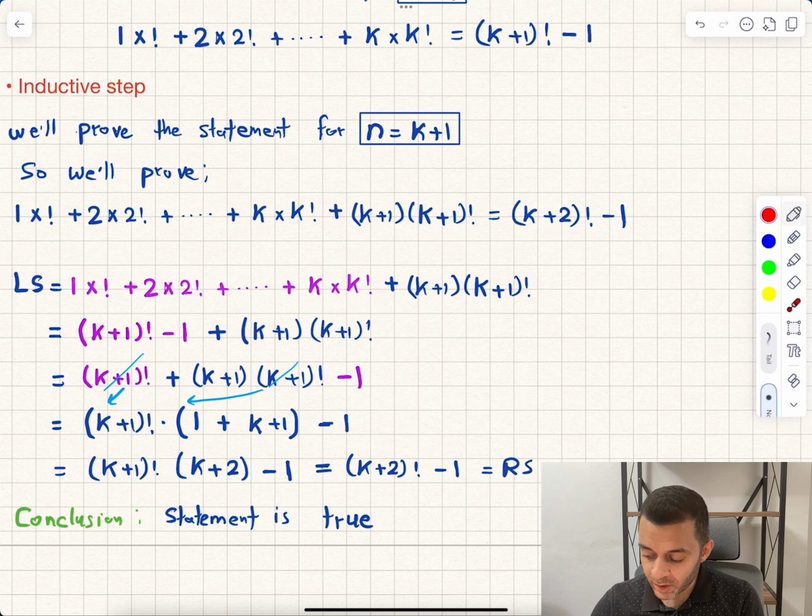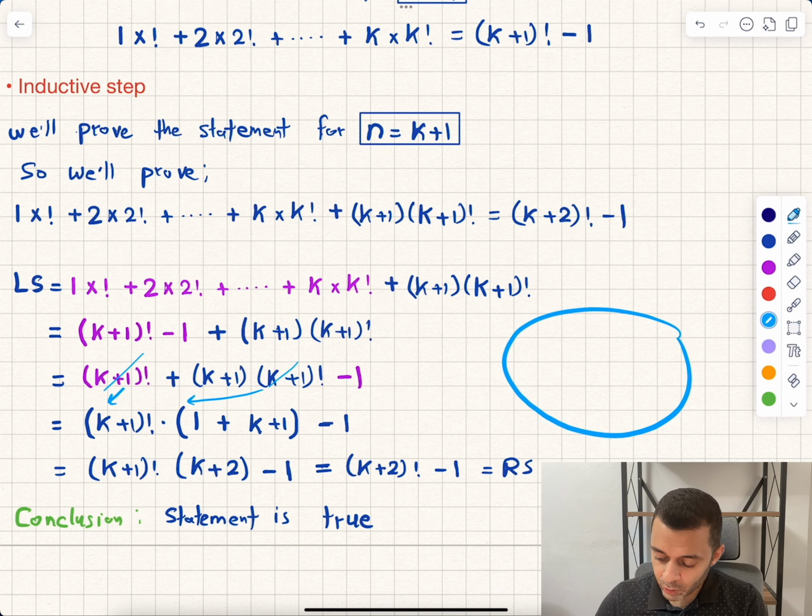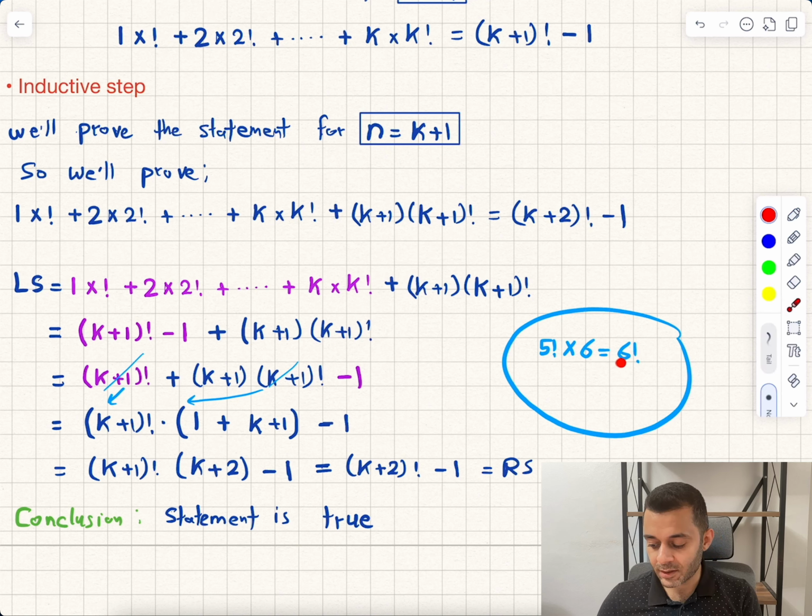Here, I will remind you about something very important in factorial. You know that 5 factorial is 5 by 4 by 3 by 2 by 1. If you multiply 5 factorial by the next immediate number, let's say here it will be 6, then this will be 6 factorial. Notice that 6 factorial is 6 multiplied by 5 by 4 up to 1.